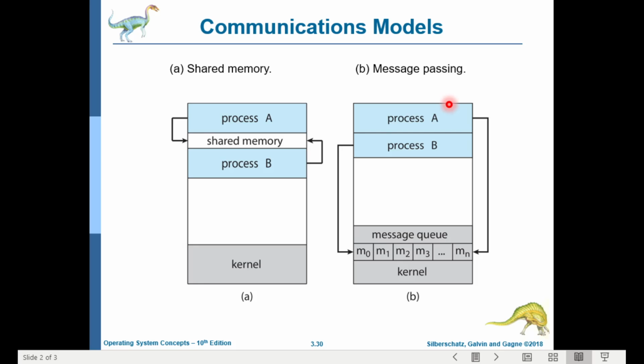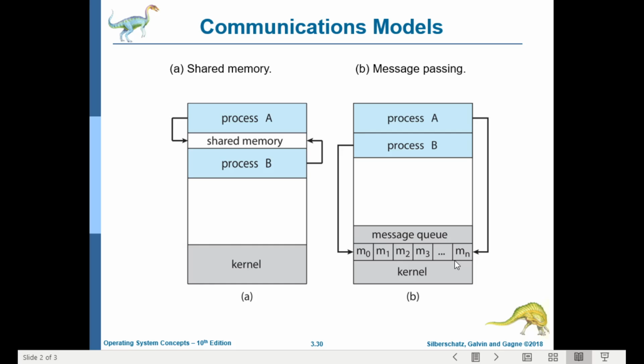Message passing is useful for exchanging smaller amounts of data because no conflicts need to be avoided. It is also easier to implement message passing in a distributed system than shared memory.